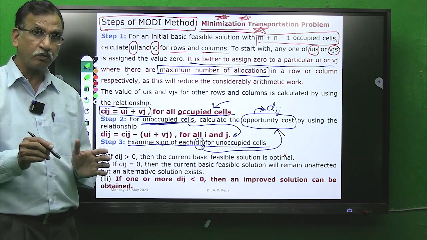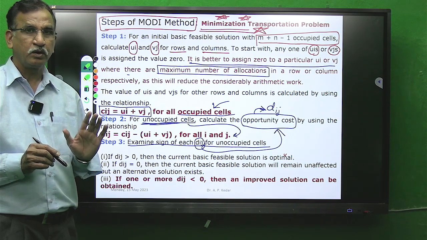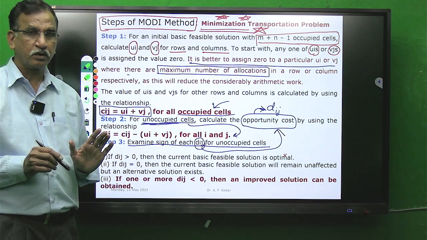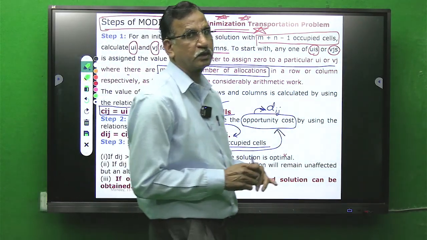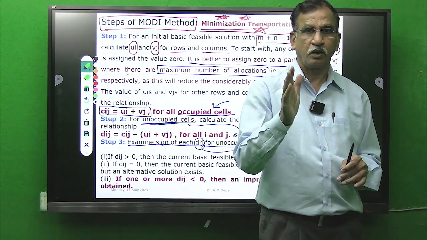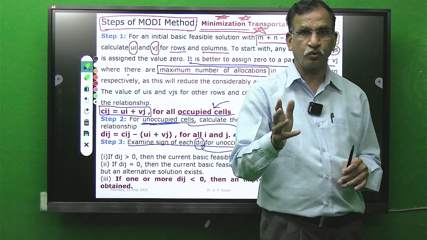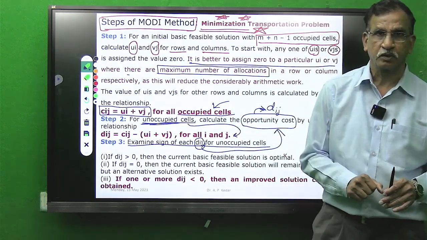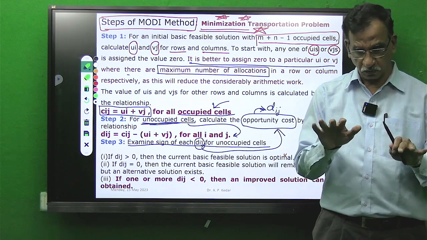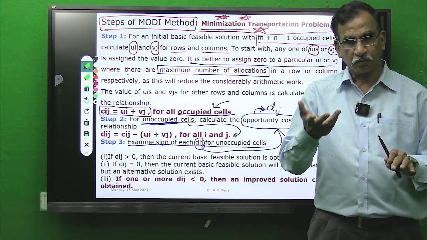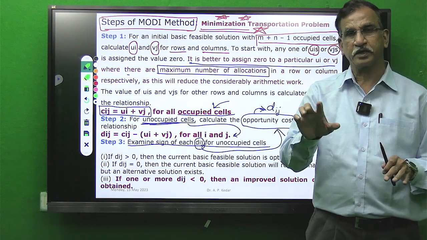If you are getting all values of Dij for unoccupied cells positive, your current solution under test is optimal. The transportation algorithm, of which we have computer programming, terminates at that point of time.